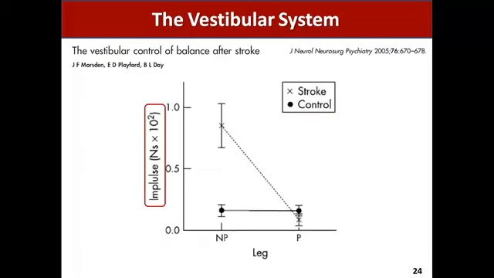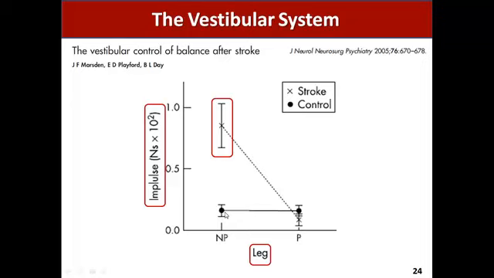And this graph illustrates a measurement of the ground reaction force, which is just simply referred to as the impulse, which is the force multiplied by the time over which that force was measured. And we see that in terms of the non-paretic leg and the paretic leg, the X indicates the patients that had experienced stroke. The circles were the healthy participants.